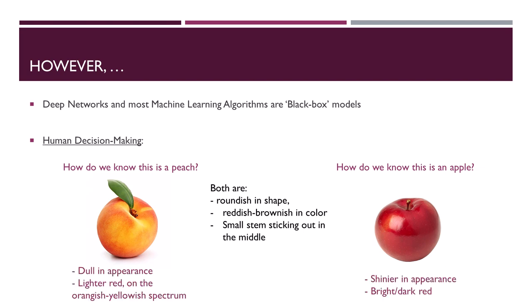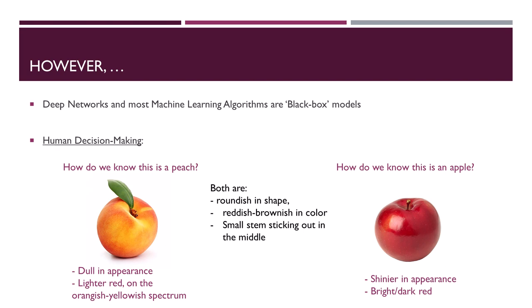However, the human being will also realize that one has a duller appearance and is more on the orangish yellowish spectrum of colors, whereas the other is shinier and is more dark or bright red than a dull color.